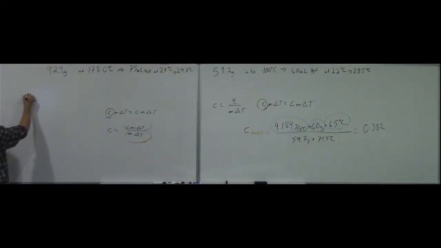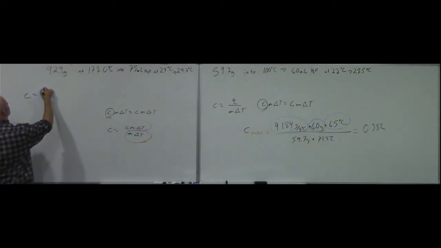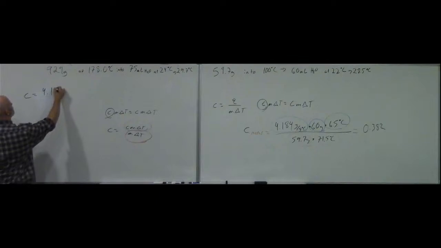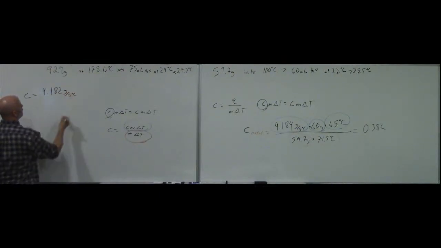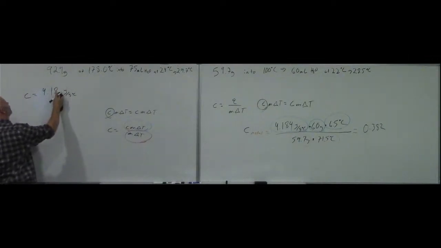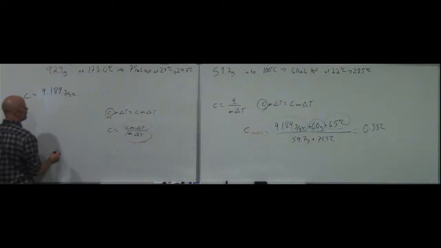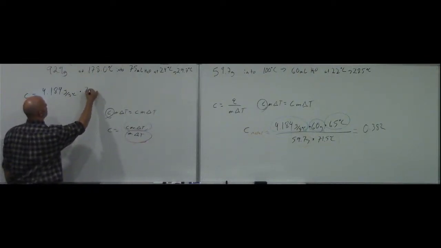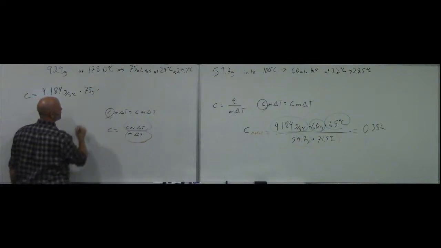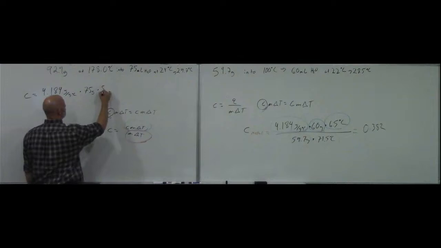So my C equals 4.182, you said? Yeah. Joules per gram degrees. 84, I keep doing that, don't I? 4.184 joules per gram degrees centigrade times 75 grams times change in temperature is what, 5.7?